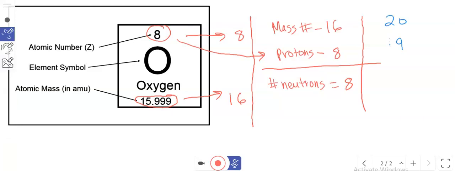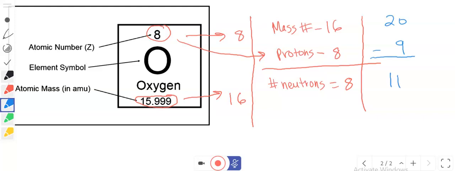What if instead you have 9? So 20 minus 9 will give us 11 neutrons. Okay.